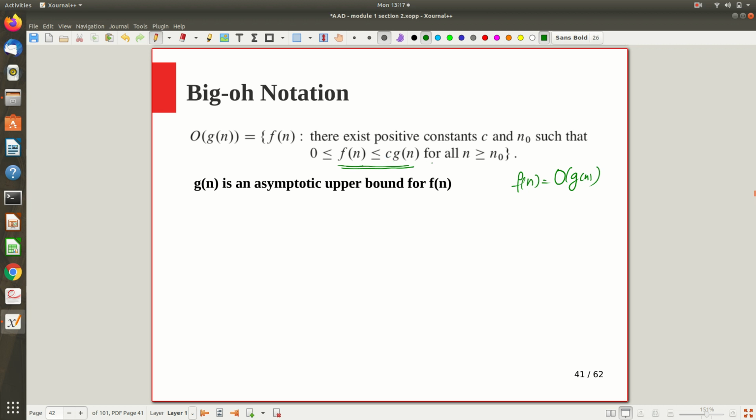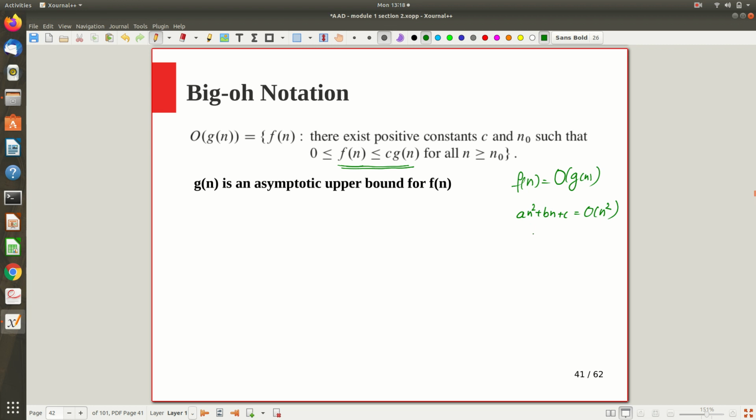Now focus on any g of n. Many functions will have this relation with this g of n, so you can map different functions as big O of g of n. For example, let me give you some examples, like a n square plus b n plus c. As I told you, it is typically big O of n square.